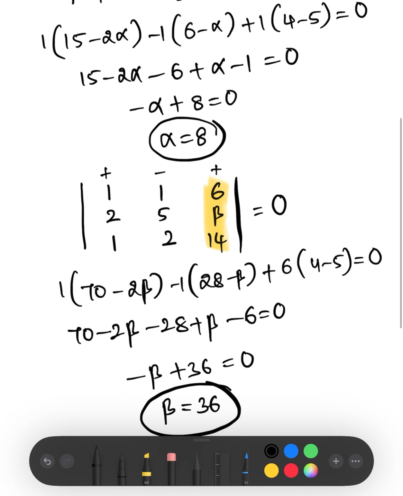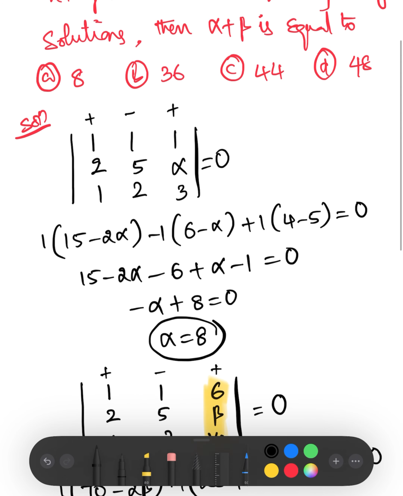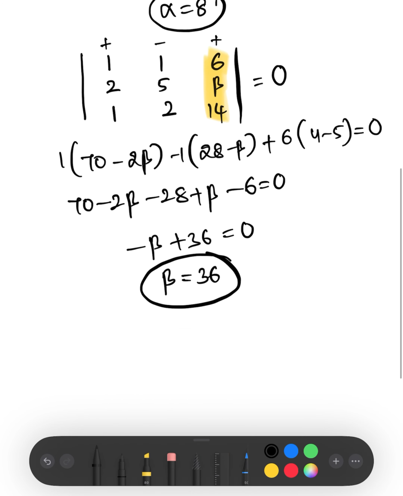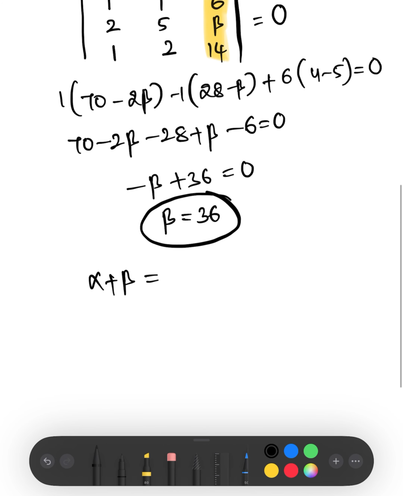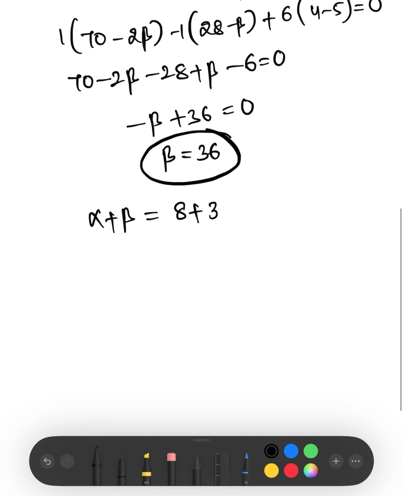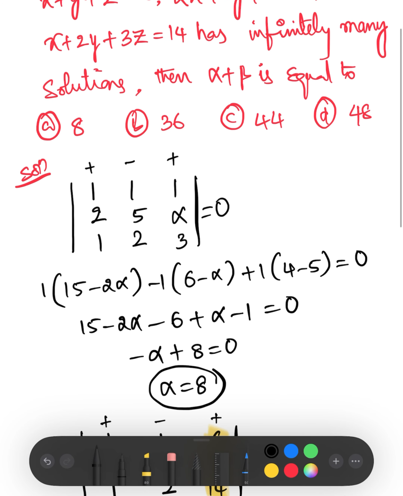So alpha value we got 8, beta equal to 36. Finally what we are going to find is alpha plus beta, which is 8 plus 36, that is 44. So here option C is correct.